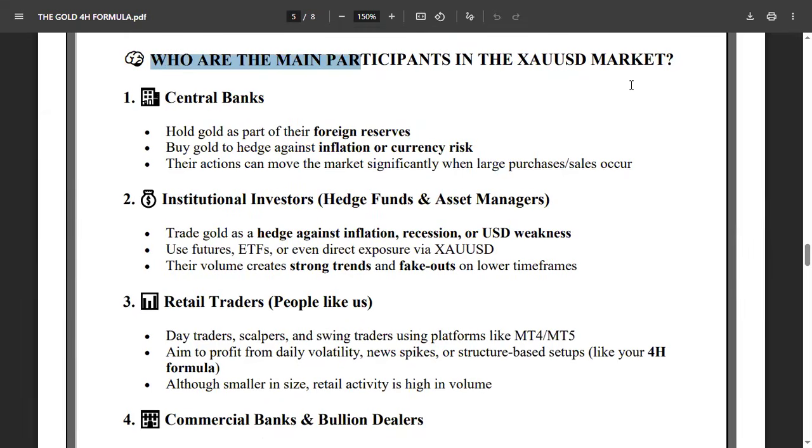So who are the main participants in the gold market? We talked about the central banks holding gold reserves as protective measures for the economy. We talked about institutional investors, hedge funds, and asset managers. And here are the retail traders, people like us. That's why I'm teaching this formula, in order for us to be main participants also.